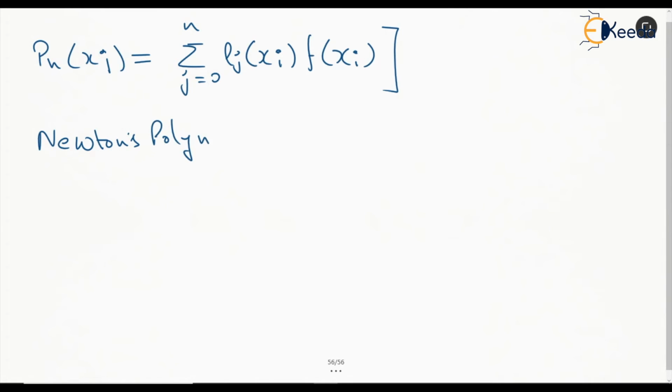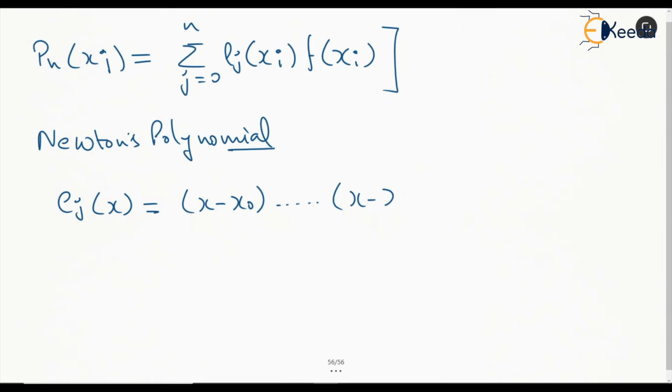for Newton's polynomial we need Newton's basis, that is Ej. This is given by the product of x minus x0 up to x minus x(j minus 1), so a term till the previous term before xj.